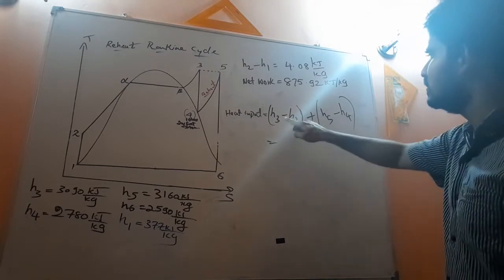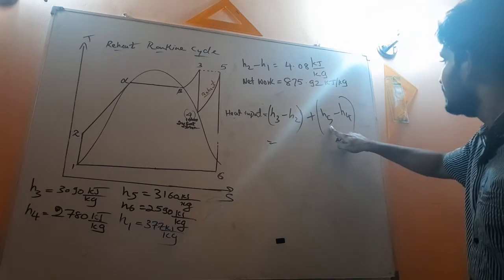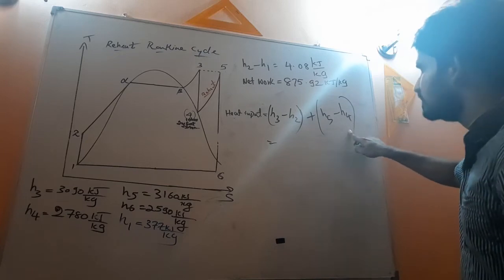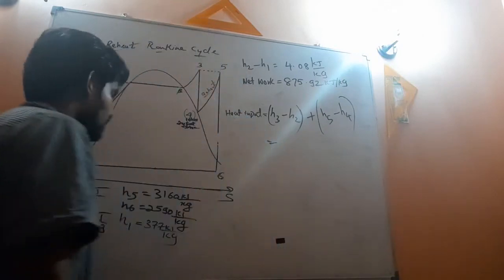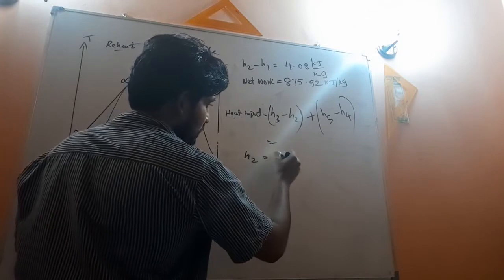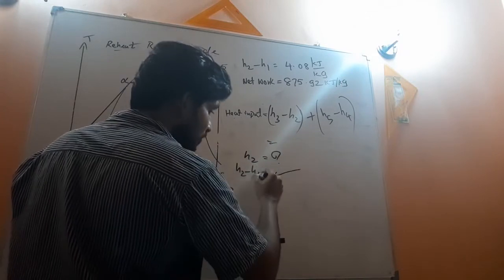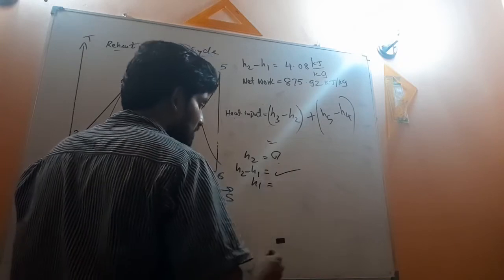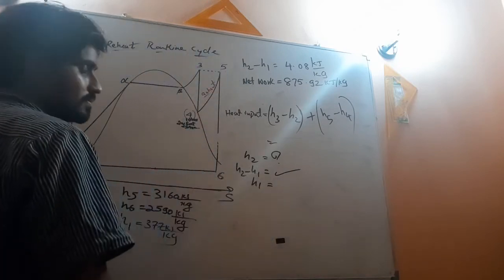H3 you know, H5 you know, H4 also you know, right? Let's calculate. You don't know H2, but you know H2 minus H1, and you know H1, because H2 minus H1 is the pump work, right?